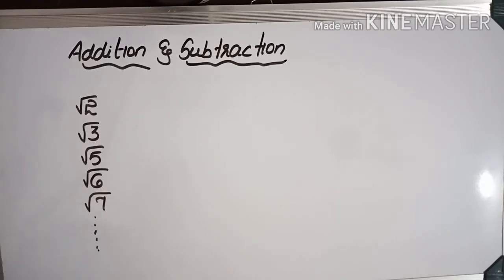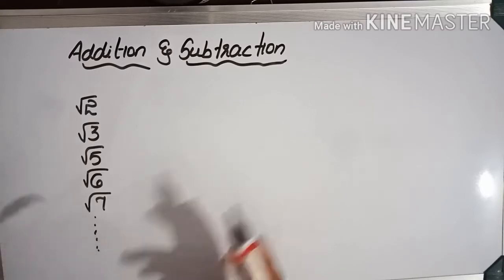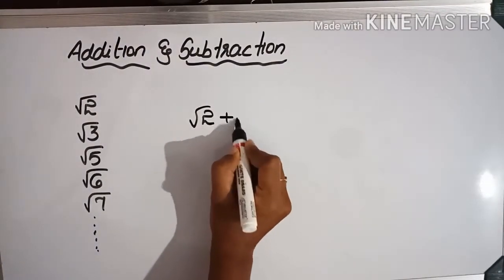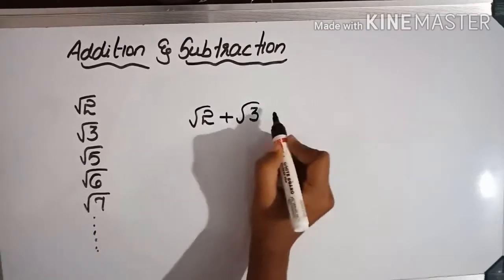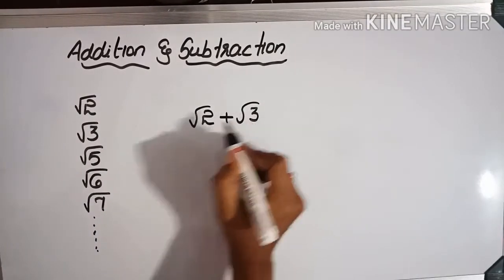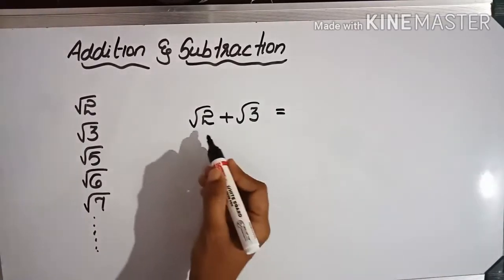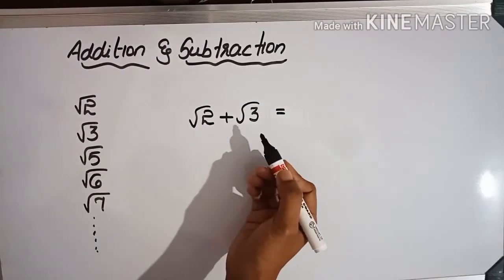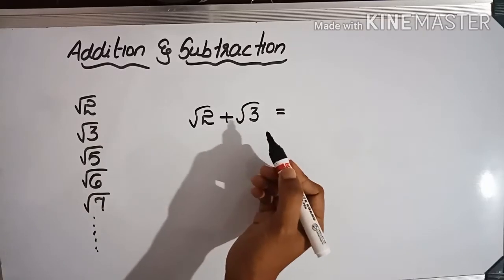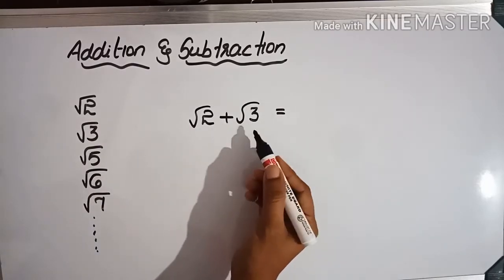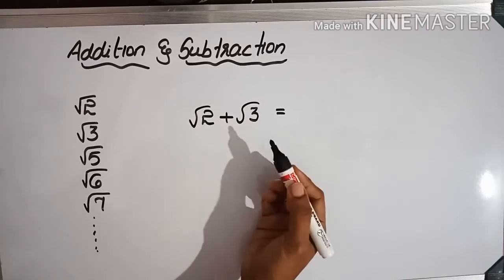So for that, for example, if we have root 2 plus root 3, we have to add root 2 and root 3. But here it is not possible to add directly. So in order to add these two numbers, we have to use the approximate value.